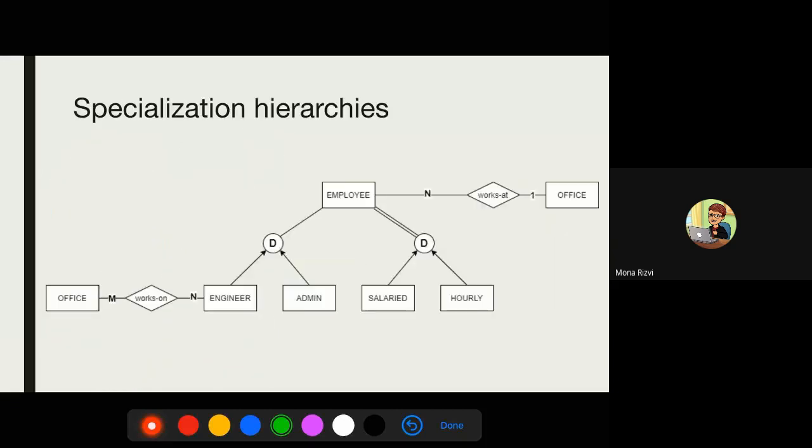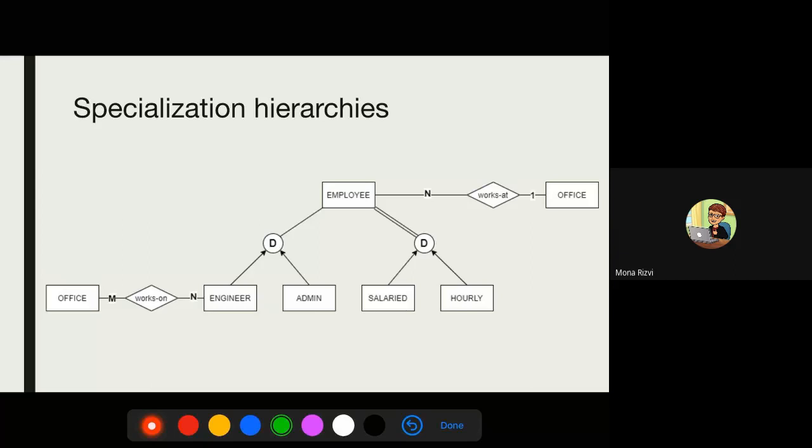Oops, sorry. So now there's an idea of inheritance and specialization, generalization, that there's no way to depict in regular ER. And that's the idea of specialization hierarchies.